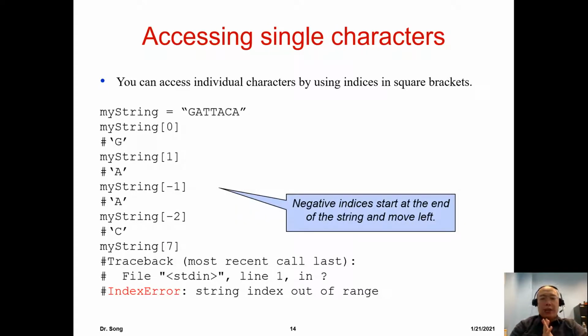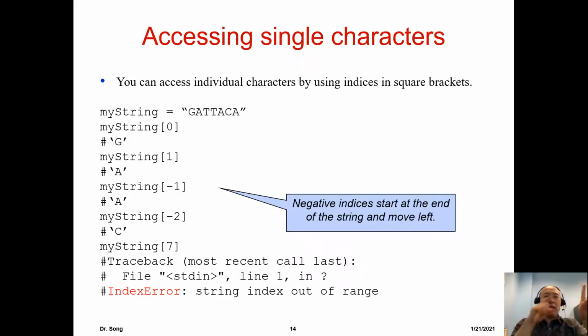There's also another way: you can use negative indexes, like this one or this one, and then we count the indexes from the right side to the left side, and that is -1, -2, -3. Okay, so you can do either way, and you should be able to do both.